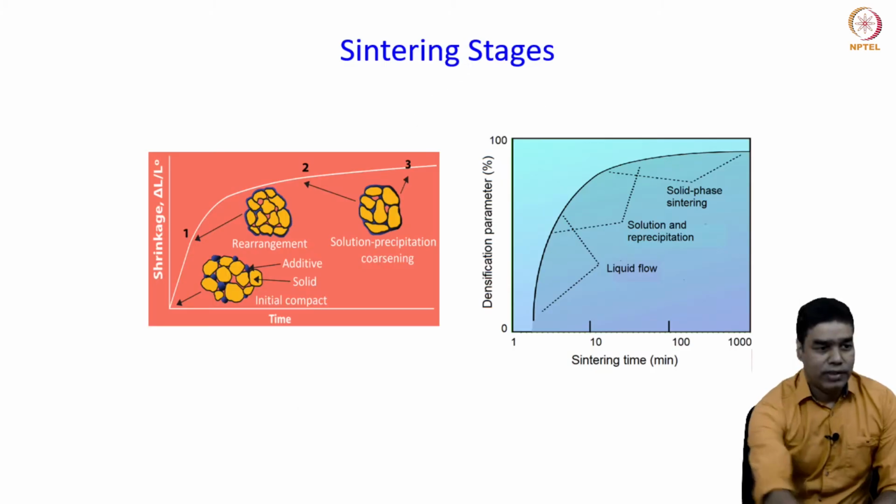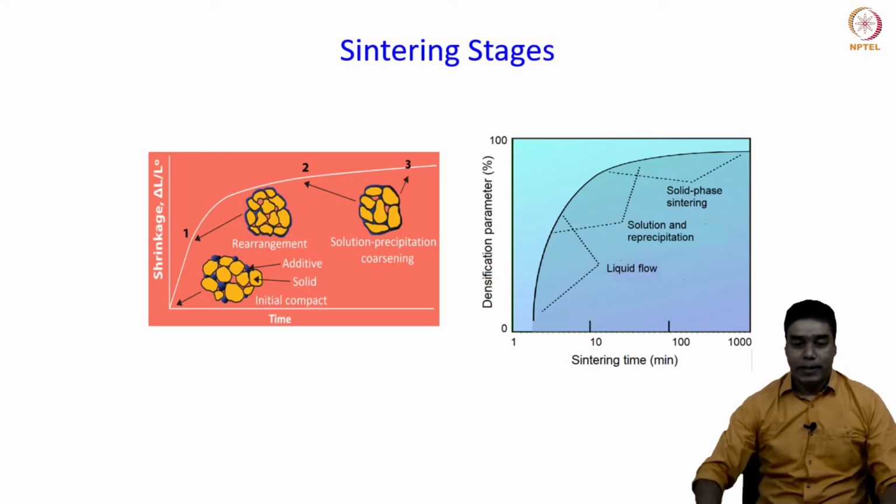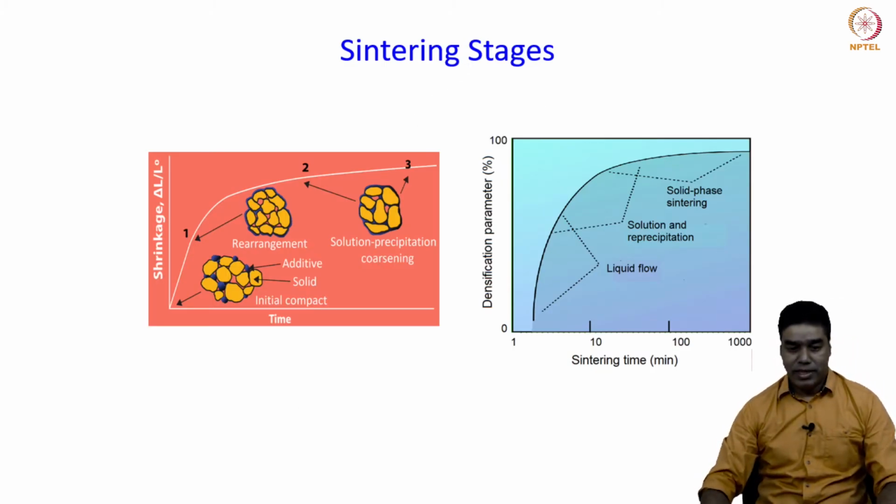So once the liquid forms and the particle surface is wetted by the liquid, a capillary force is developed, and due to that the particles rearrange themselves. So this is what we have seen in the previous class, right? That's the first or initial stage of densification in the liquid phase sintering process.